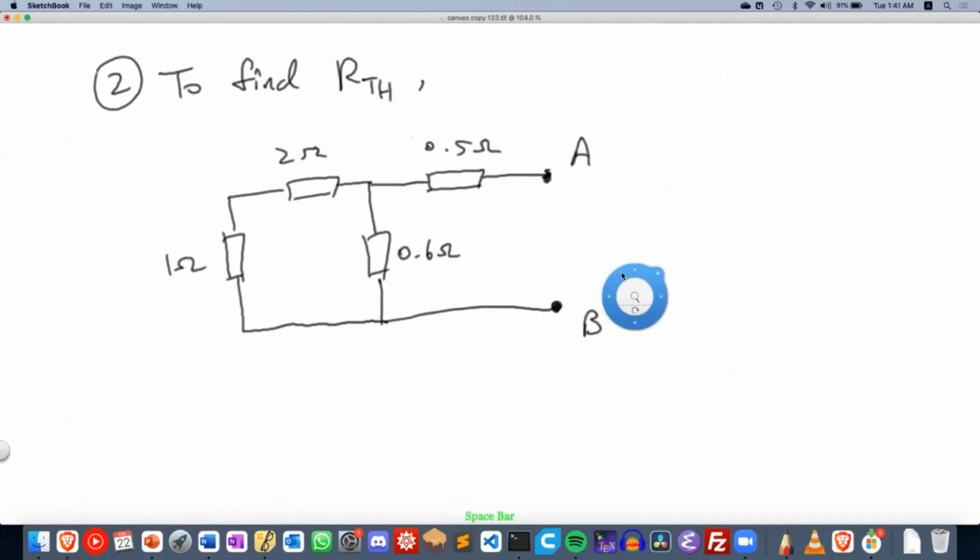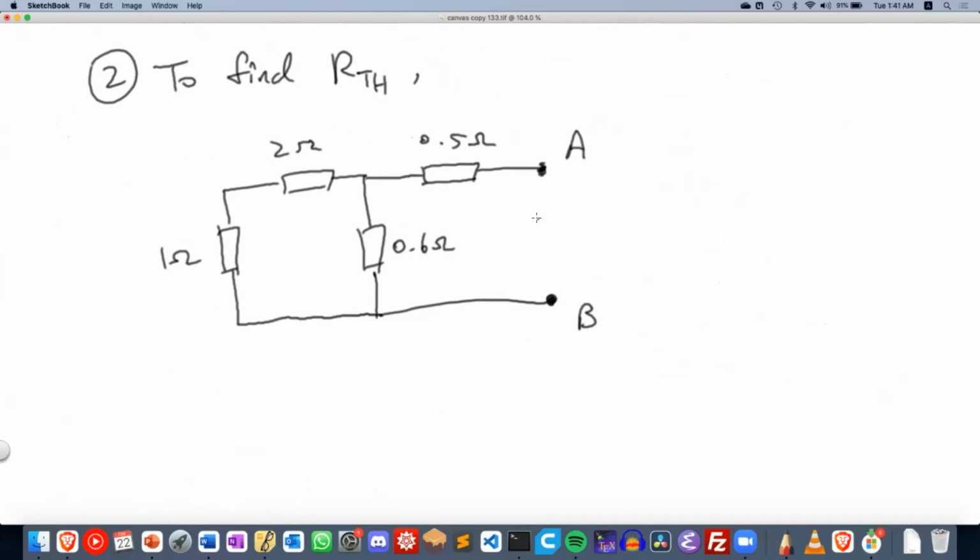Now by Thevenin's theorem, the Thevenin resistance is equal to the effective resistance between A and B.